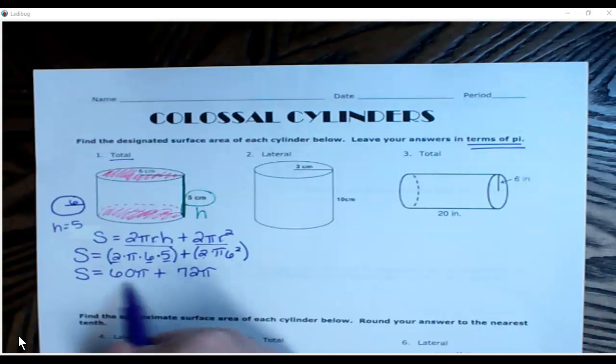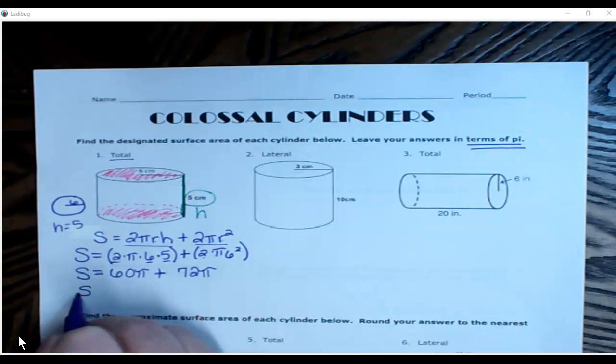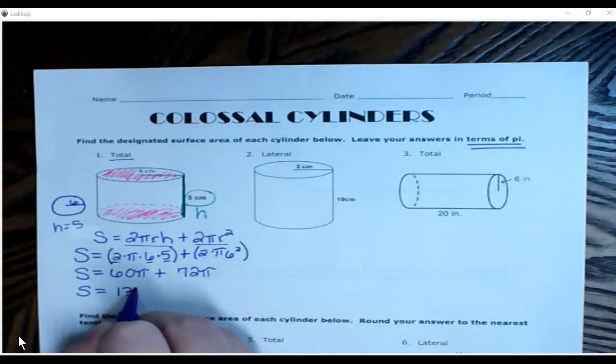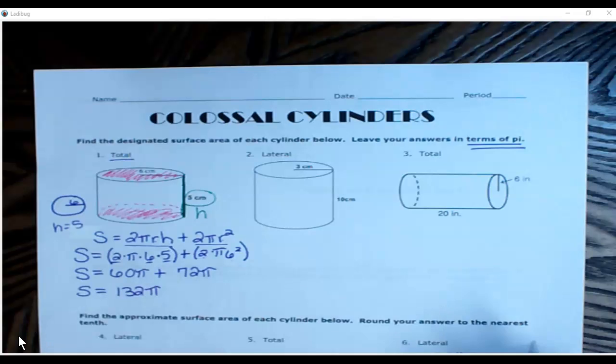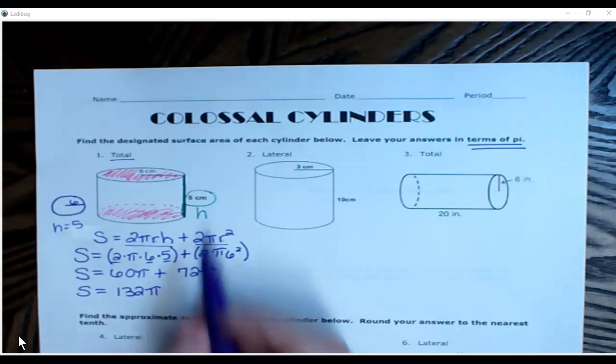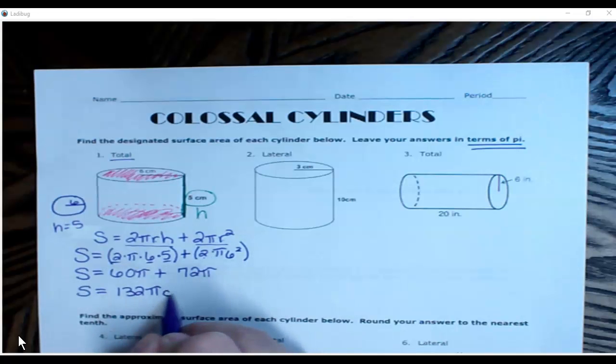Now we need to simplify this even further, combine like terms. 60 plus 72 pi's gives me a total of 132 pi. And because we want our answer in terms of pi, we're done. We don't multiply this out. So the total surface area is 132 pi, and our units are centimeters, so centimeters squared, or square centimeters.